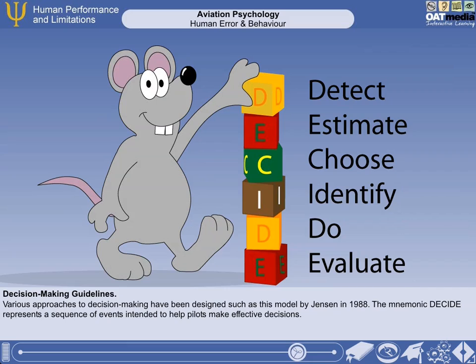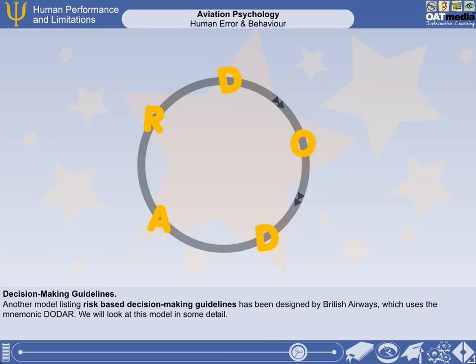Various approaches to decision-making have been designed, such as this model by Jensen in 1988. The mnemonic DECIDE represents a sequence of events intended to help pilots make effective decisions. Another model, listing risk-based decision-making guidelines, has been designed by British Airways, which uses the mnemonic DODAR.